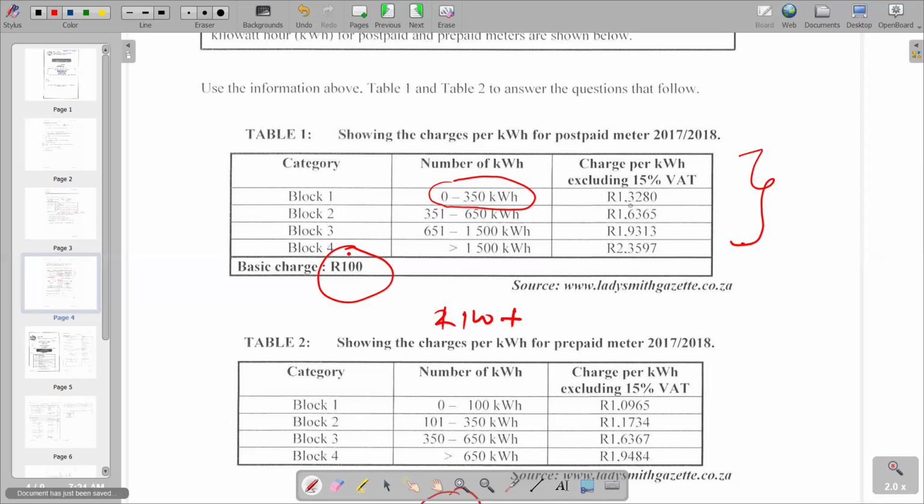So we're going to use the rate of 1.3280 rand per kilowatt, and then we multiply by 100. So basically that's how we are going to present it in your answer section.